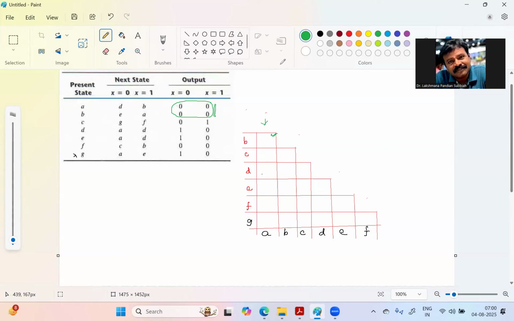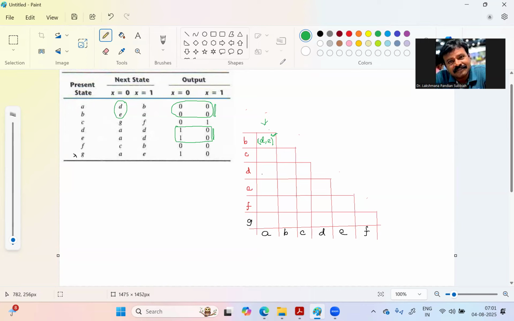Then using that, we find the implied pair. So DE: both D and E have the same output, 1 0, so DE can be paired.